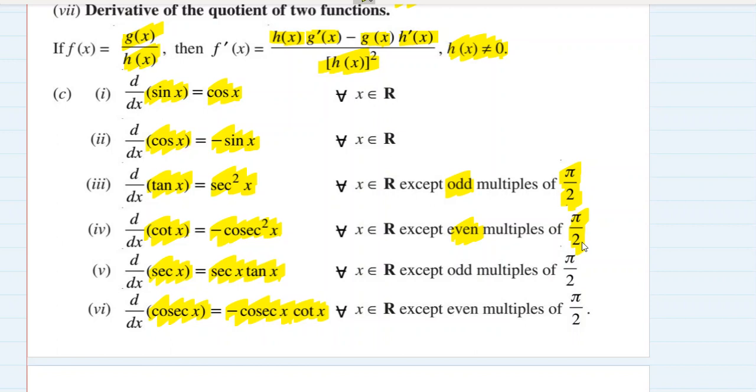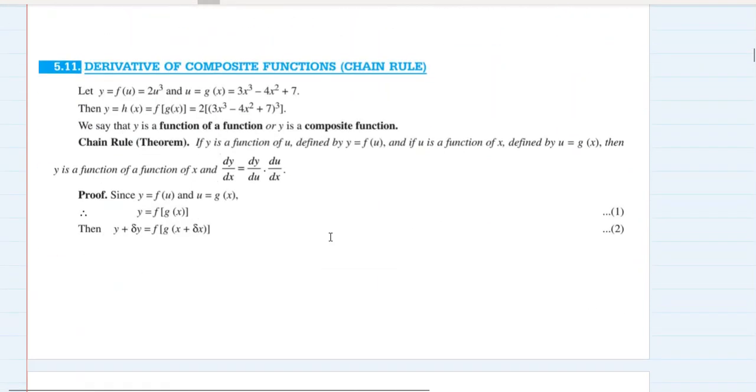So there is no range, right? If the function is not continuous there, or if there is a horizontal or vertical asymptote, then it cannot be differentiable at these points. So you must remember these standard formulae.